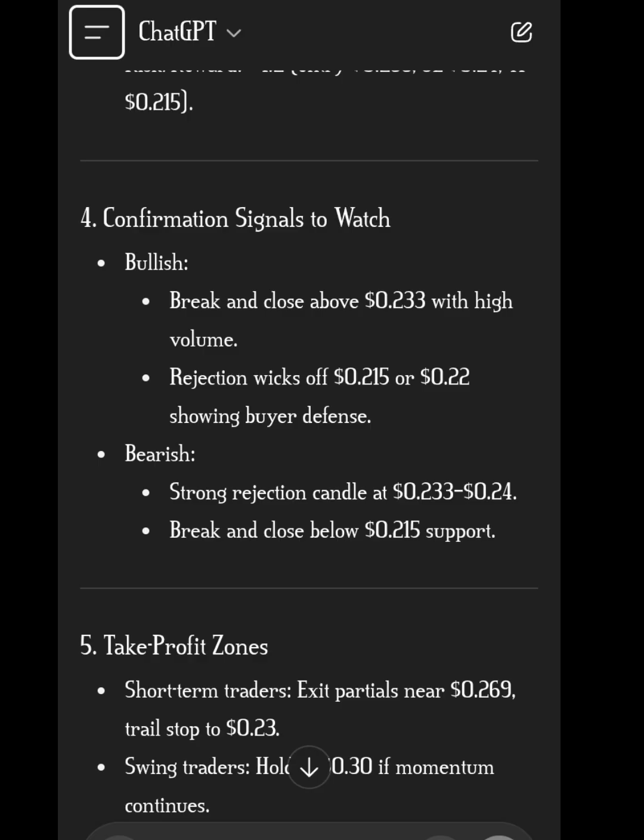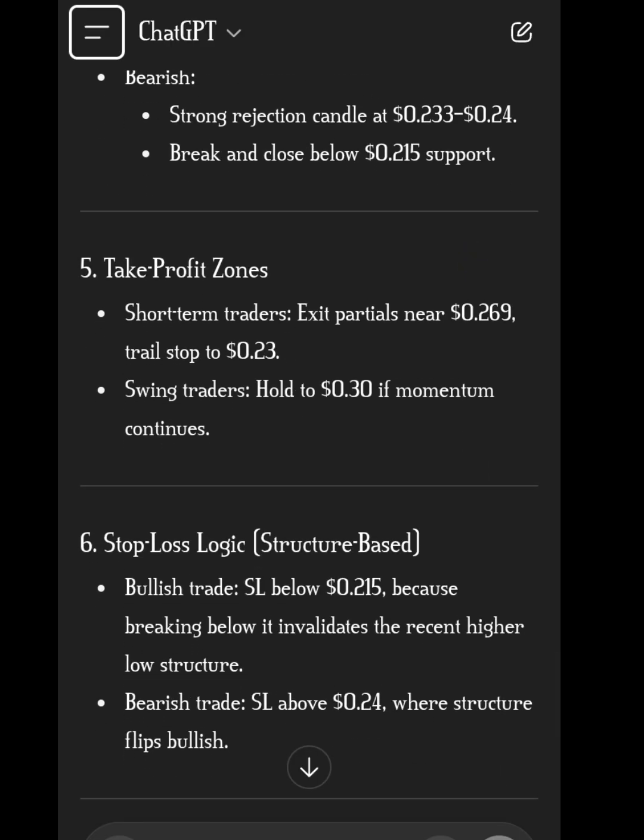If you see a strong rejection, then you can enter the bearish part of the trade, break and close below 0.215. So the 0.215 support is very important, because it can either be your stop loss or your take profit, depending on which side you later choose to go with, right?